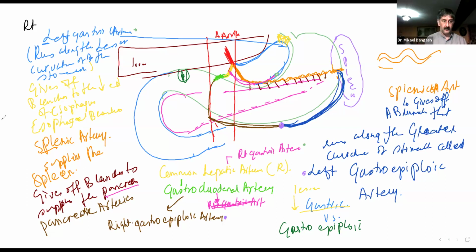Whereas gastroepiploic is a longer name, so that's the greater curvature.